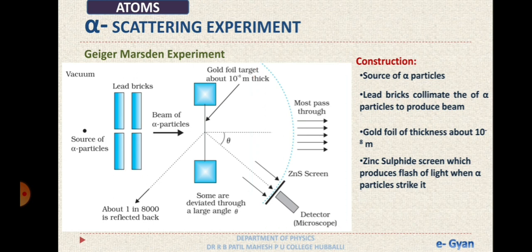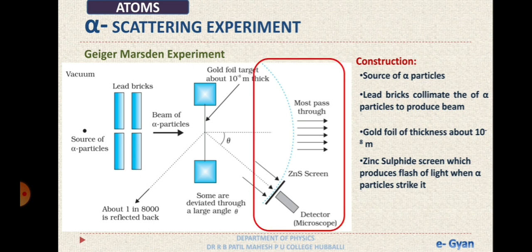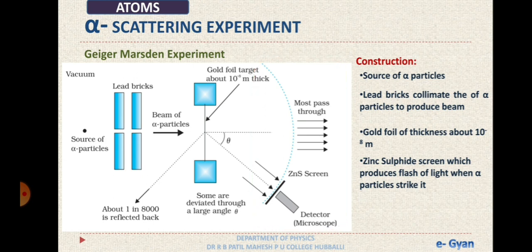To get the appropriate number of scattered alpha particles, we have a movable detector which can move from 0 degree to 180 degree. So this is the construction of the Geiger-Marsden experiment.